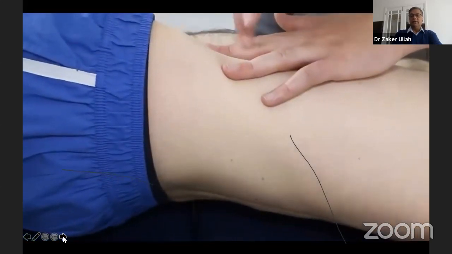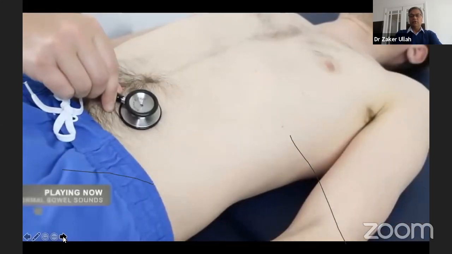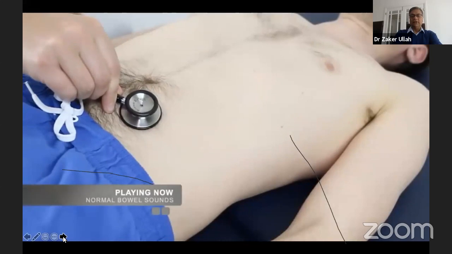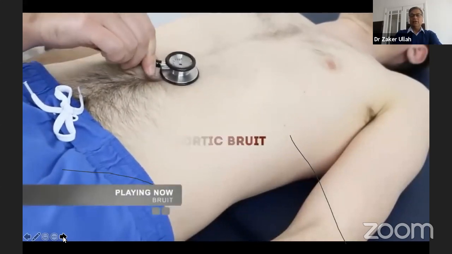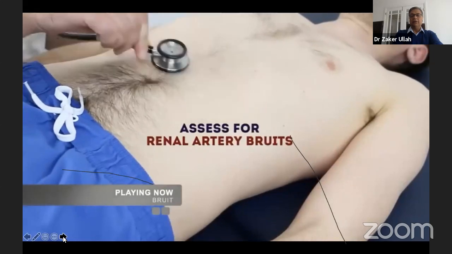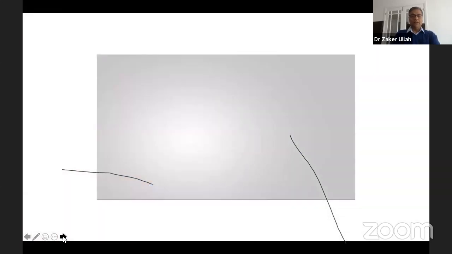We did so many times in the medical patients, just to show you how to do. And then auscultation. At least for 2 minutes, you have to auscultate the area to get the bowel sound. If there is no bowel sound for 2 minutes, it means there is no bowel sound. So after obviously examining, you need to summarize with the patient and thank patient, and that will complete your exam.